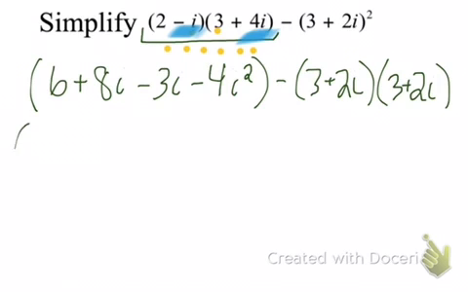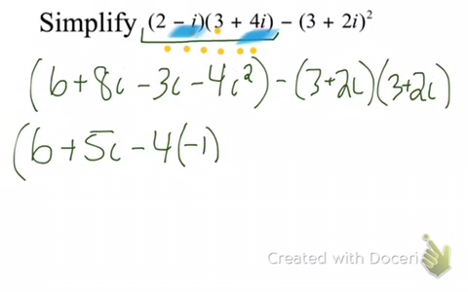Anywho, let's get back. Simplify: 6 plus 5i, and then minus 4 times negative 1. Okay, now I know that step may seem like, oh, we're only taking a baby step. But a big common mistake is that students will try and get that sign right away. Let your multiplication do the work for you.